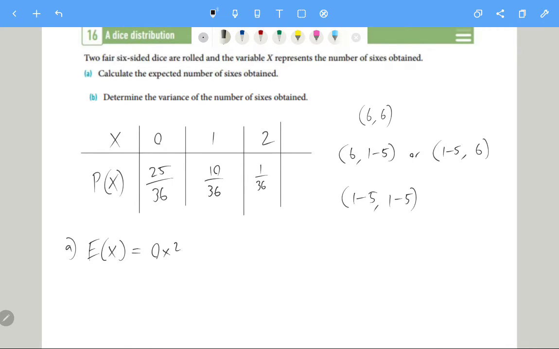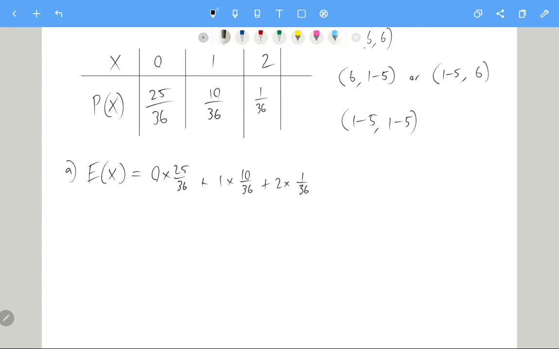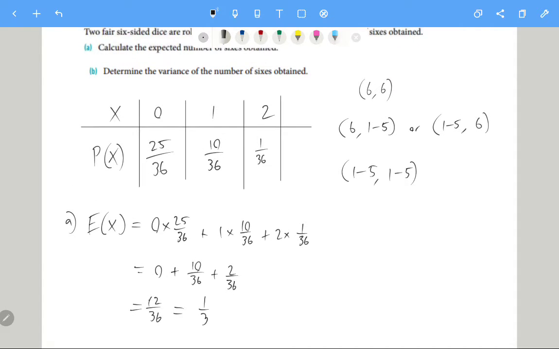So we're going to get 0 times 25 on 36 plus 1 times 10 on 36 plus 2 times 1 on 36, 0 plus 10 on 36 plus 2 on 36, 12 on 36, which is just a third. So the expected value is a third.